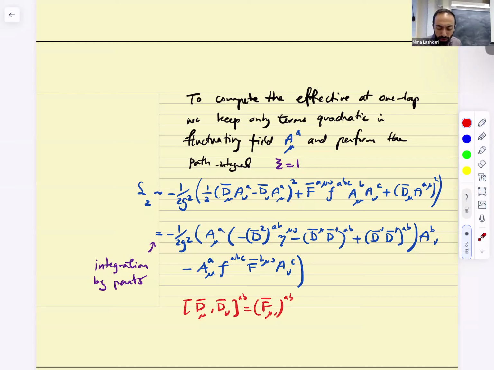So here we do that. We just take the second order term. Of course, there are interactions, but it won't matter for the one loop effective action. You just write down everything, use integration by parts, and write everything in terms of the fluctuating fields, M mu and N mu.